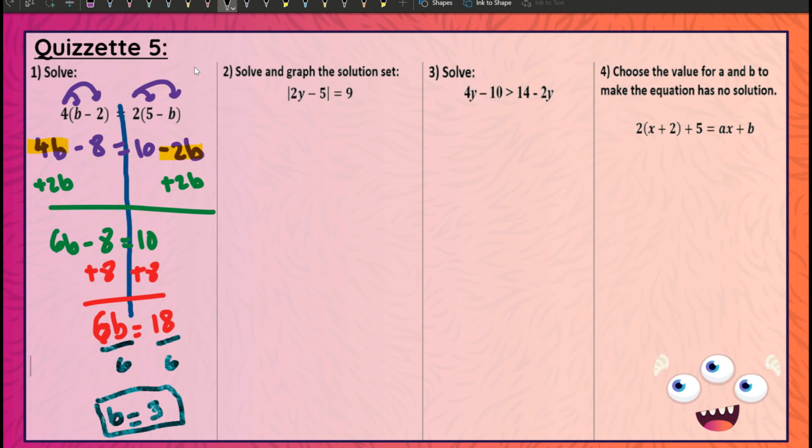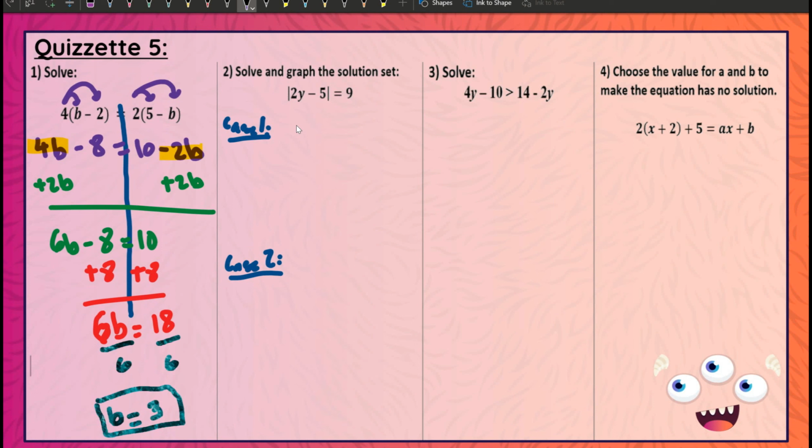Alright, number 2, solving and graphing the solution set. You have the absolute value of 2y minus 5 equals 9. Since it's absolute value, there are two cases, case 1 and case 2. Absolute value stands for distance, so there are two numbers that have the same distance from a certain number.